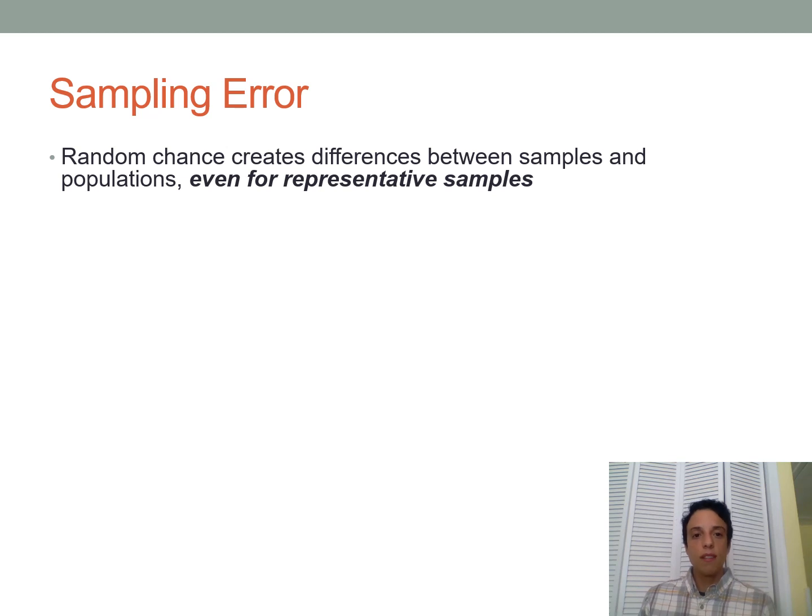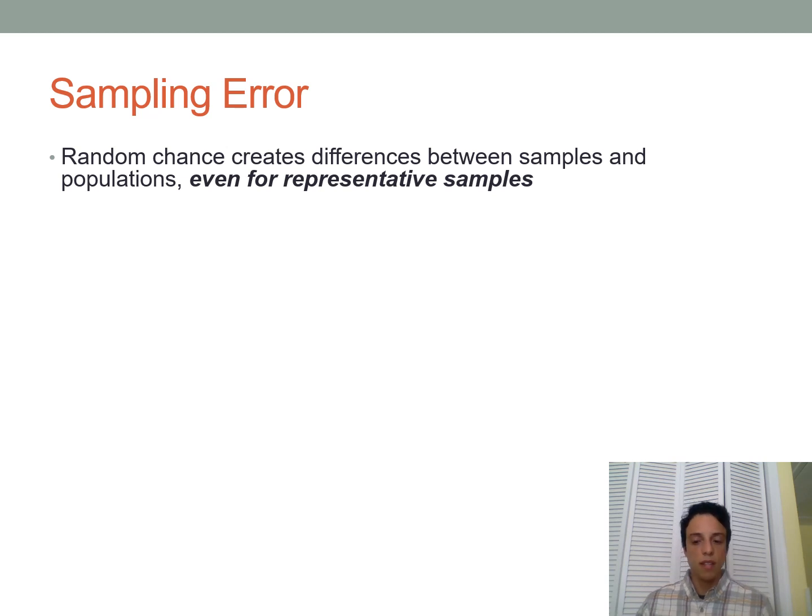We can describe this random chance using the term sampling error. And what sampling error refers to is just the idea that random chance creates differences between samples and populations, even for your best representative samples. So your gold standard, simple random samples, are generally going to give you a sample that matches a population, but we're still going to see some differences between the sample values and the population values just because of random chance.